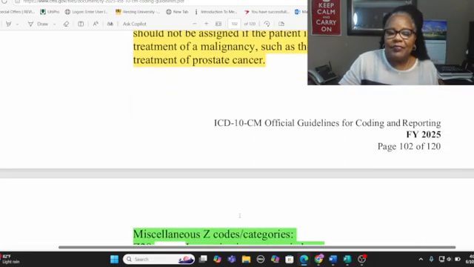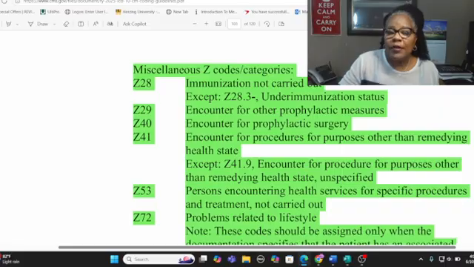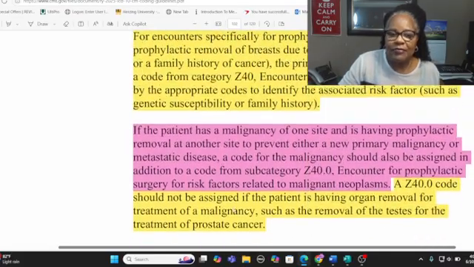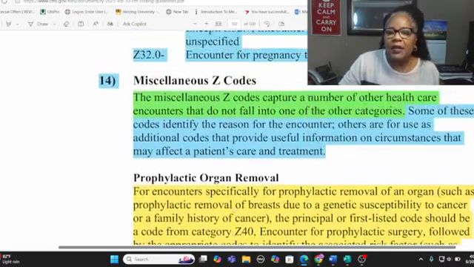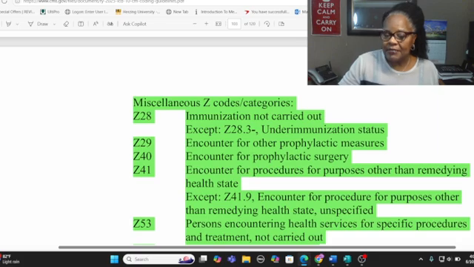All right. Now your miscellaneous Z codes, number 14, is exactly what it says, your miscellaneous Z codes. Z28, immunization not carried out, except Z28.3 under immunization status. Z29, encounter for other prophylactic measures.